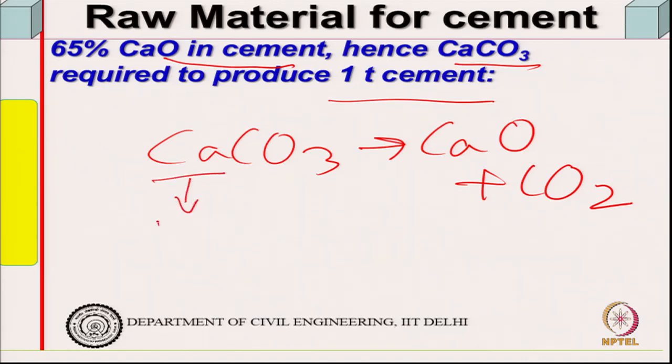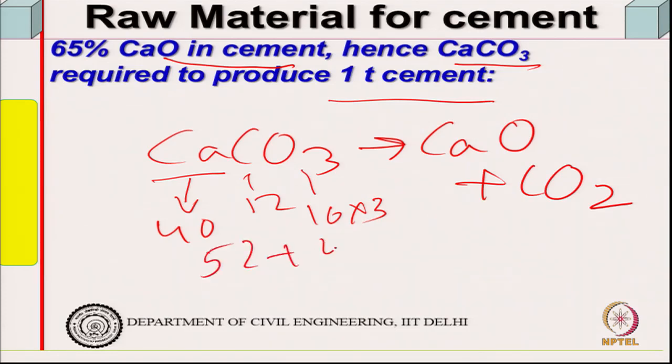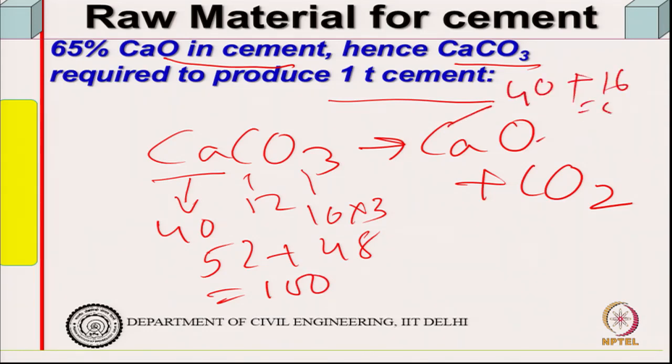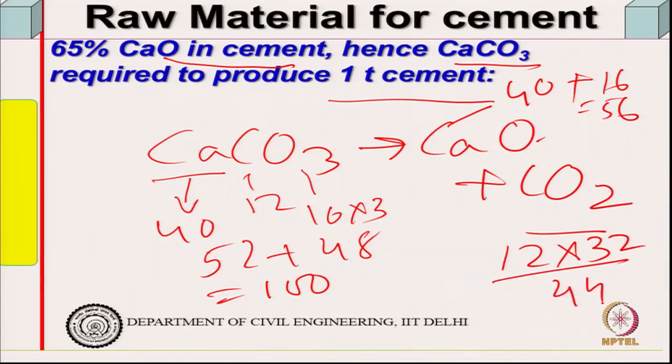This has a molecular weight of 40, this is 12 and this is 16 into 3. So, we will make it 52 plus 48, 100. 40 plus 16 is 56, and this is 12 plus 32, 44, right.